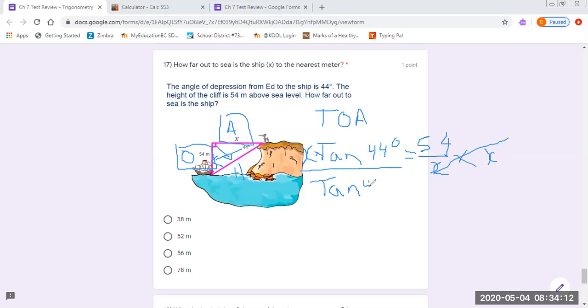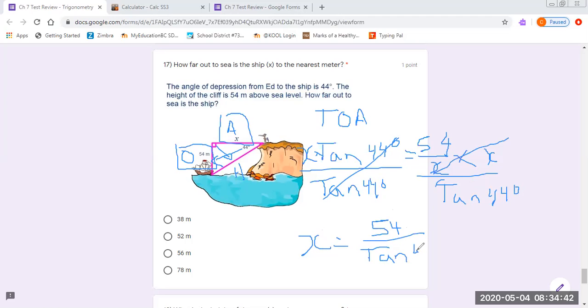And that is why, when it's all said and done, we are going to need to have 54 divided by tan of 44. So this is going to cancel out the tan of 44. So we have x down here, which is the adjacent side, and it's going to be determined by taking 54 and then dividing by the tan of 44 degrees.